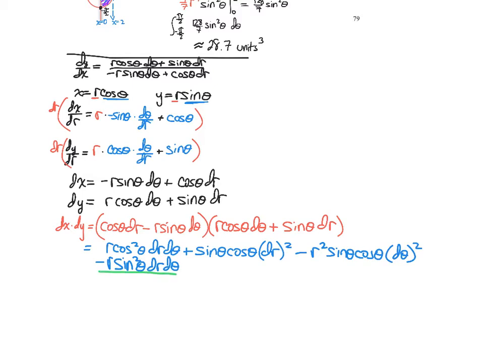All right, so I have a common r dr d theta, so I can pull that out. So I'm going to have r dr d theta times cosine squared theta minus sine squared theta.